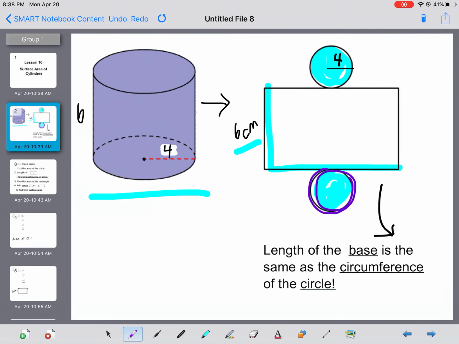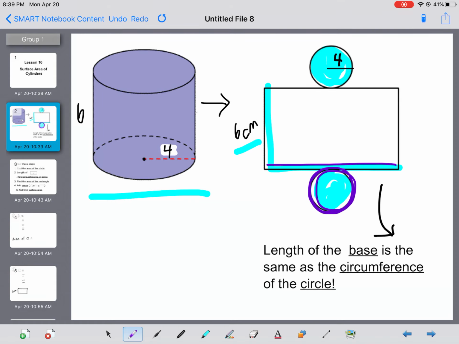You have to do a little bit of visualizing here and imagine folding or rolling up that net. You would roll the rectangle right around the circle. If that's not making a whole lot of sense to you, or you don't believe me, you can try printing off a net from the internet, cutting it out, and trying it yourself. If you roll up that rectangle, the base length will curl right around that circle.